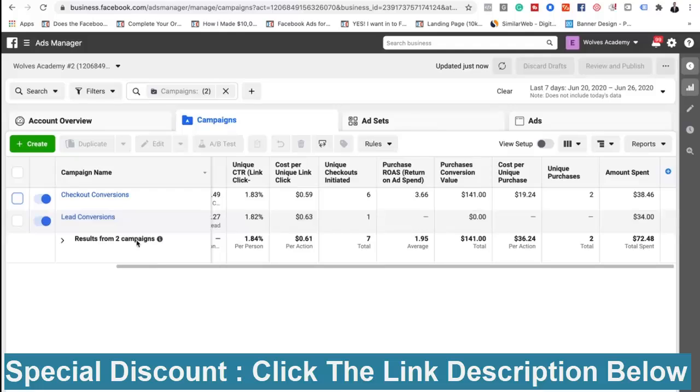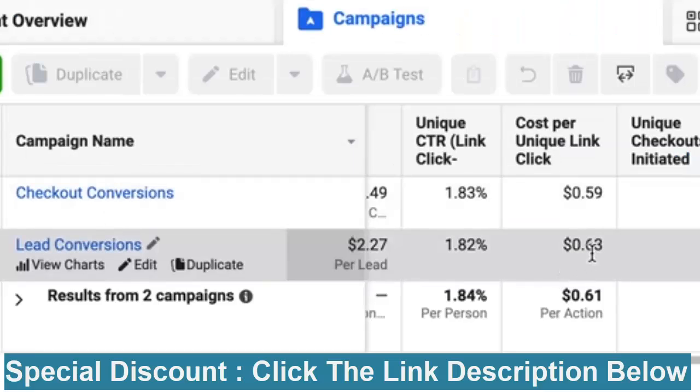But if you look here, the checkout conversions campaign compared to the lead conversions campaign is smashing it in initiate checkouts. And obviously the more initiate checkouts, the more purchase conversions you're going to get. That's just how this works. So we're seeing which one is going to give me the better outcome. Now, if you guys notice, the cost per click is pretty similar, 59 cents and 63 cents.